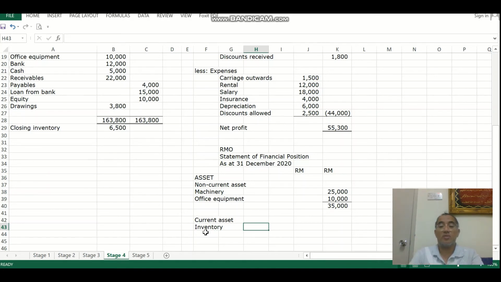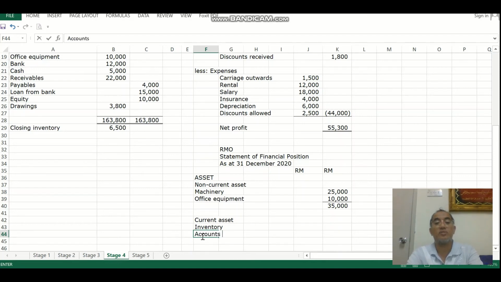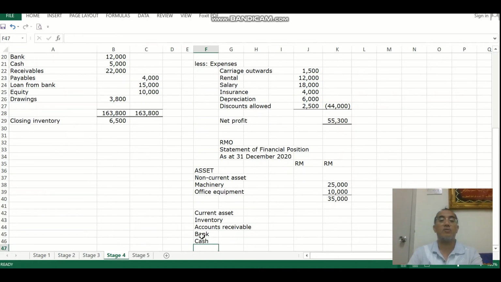So after inventory, that is my accounts receivable. After he pays, of course he says, I don't have any cash, so I give you a check. Okay, no problem, as long as you pay me. So I get the check and put it in the bank, and I go to the ATM machine and cash it out.